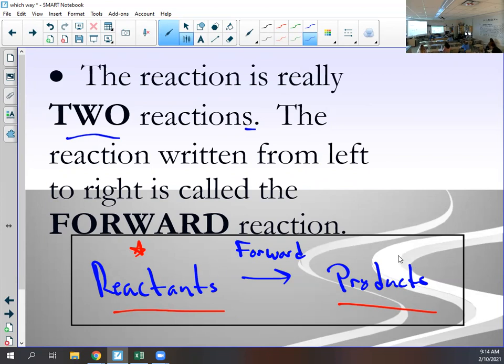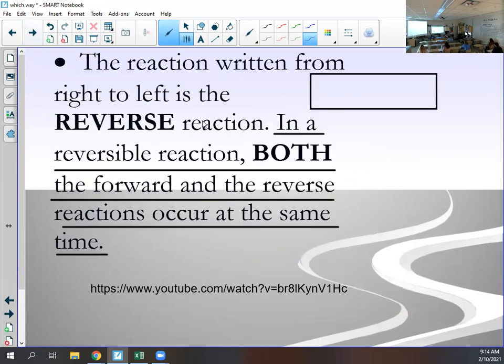That's forward. Any guesses what we're going to call the other one then? The reverse reaction. The reaction written from right to left is the reverse reaction.